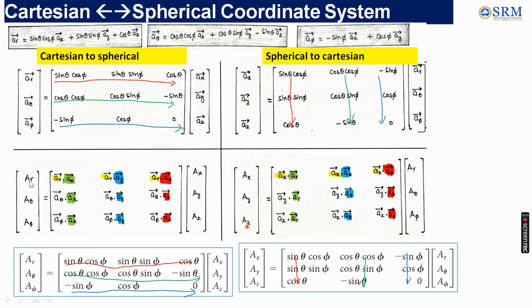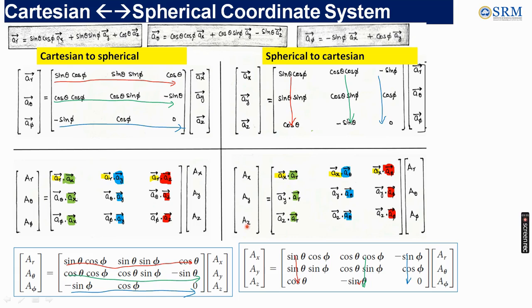And to find the components of a vector along the spherical coordinates, that is AR, A theta, A phi, if I am given AX, AY and AZ, I have to take this unit vector AR for the first row, and across each column I multiply with the AX vector and take the dot product, similarly AY and AZ. In the first case, let us see AR dot AX.